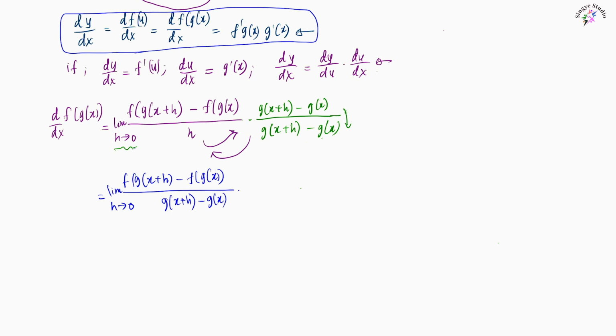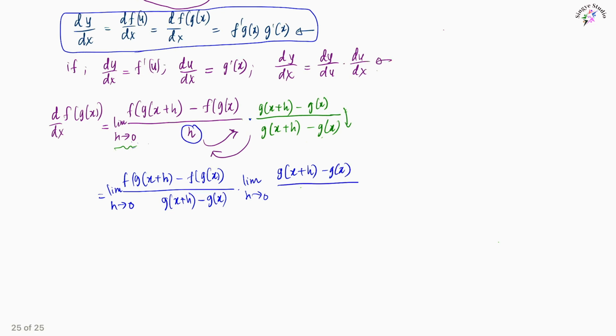The limit of a product can be expressed as the product of the limits, which means we can distribute this limit to each component of the product. Again, the limit as h approaches 0 of g of x plus h minus g of x, divided by h, where this h is shifted here.